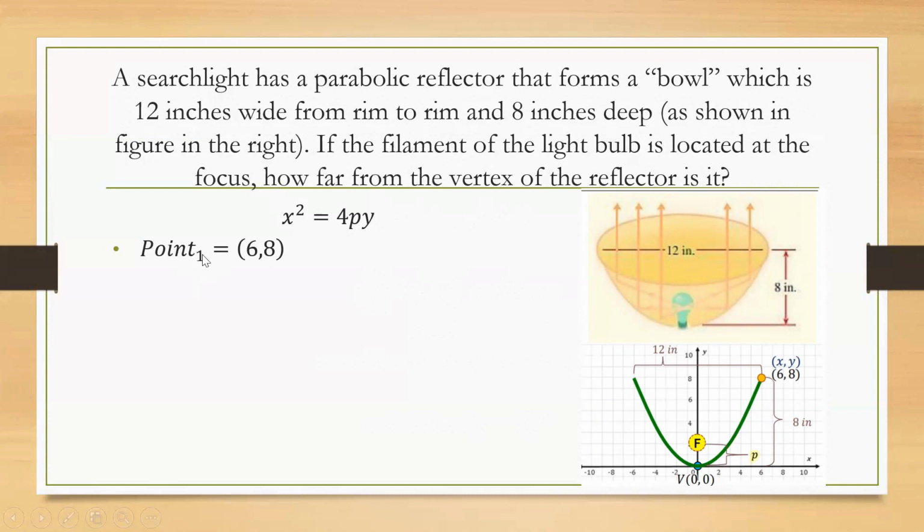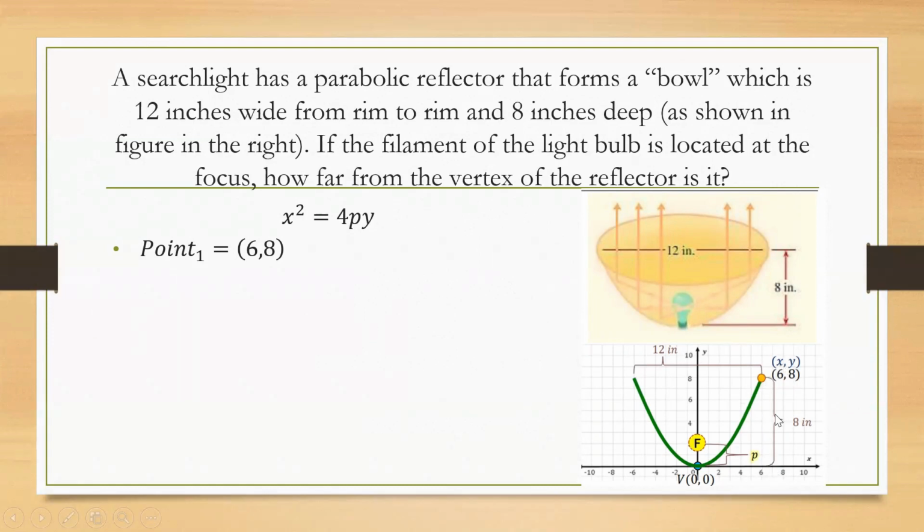We can do that by looking for a point in the parabola. Our point will be 6, 8. But how did we get that? Remember that from here to here, that's 12. And from here to here, that's 8.